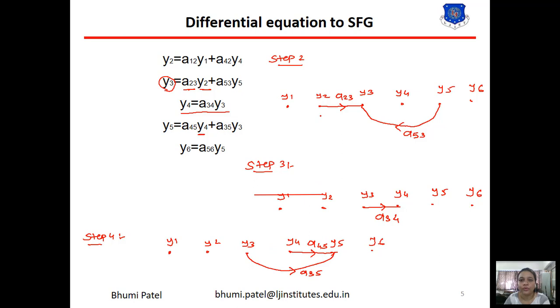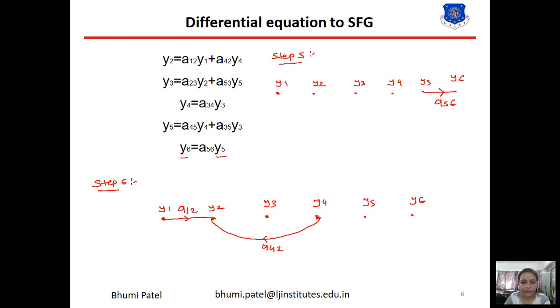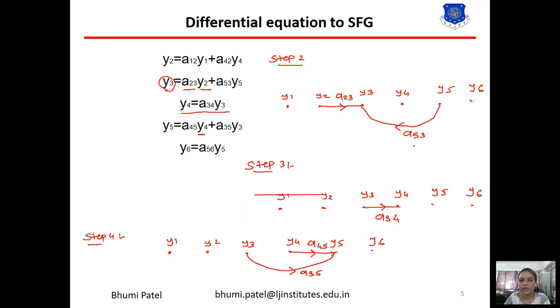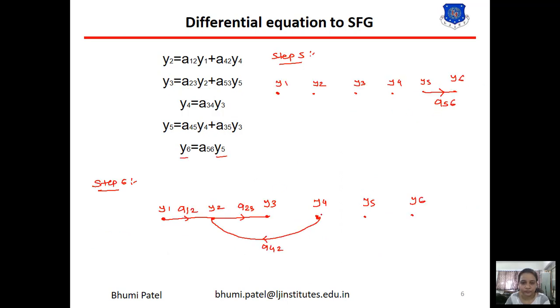Step number 2, y2 to y3, a23, like this, and the next one is y5 to y3, a53. Here the arrow is reverse and the gain is a53.